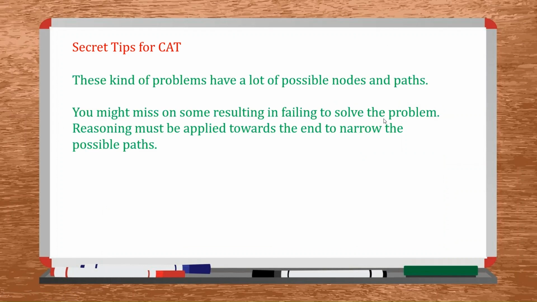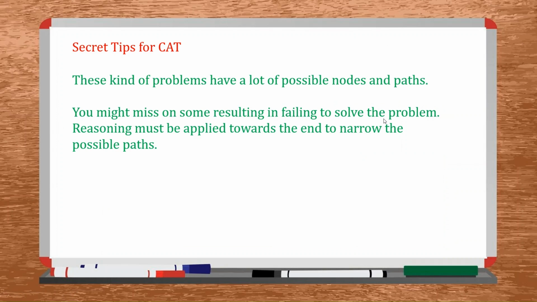First thing is, these are problems where you cannot just look at some of the information and answer any of the questions. For answering any of the questions in the set, you'll have to solve the complete problem. Since there are a lot of possible nodes and paths that you can take to reach the final solution, there is a possibility that you miss some of these, and that way you will land on the wrong answer.